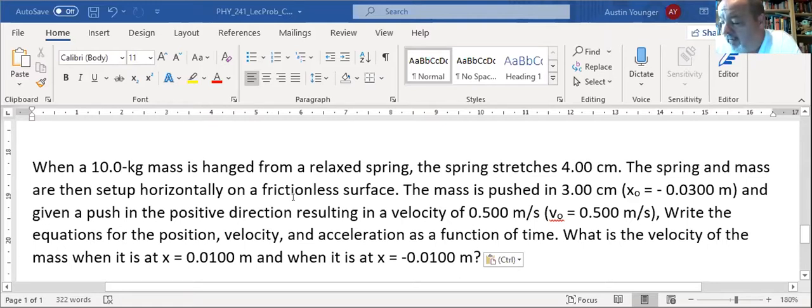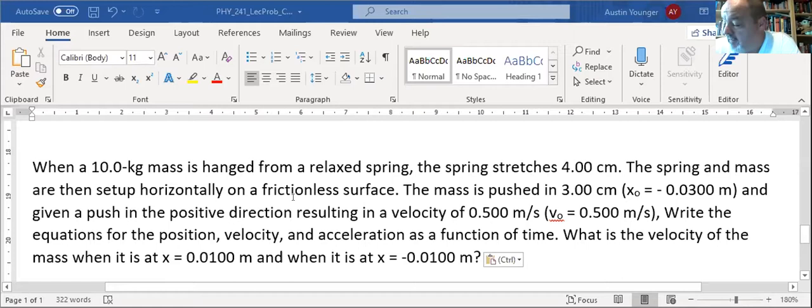I've got a mass that's equal to 10.0 kilograms. I've got a stretch, which I'll call just x, of 0.0400 meters. I've got a mass that's at an x0 equal to 3.00 centimeters, which is 0.0300 meters.